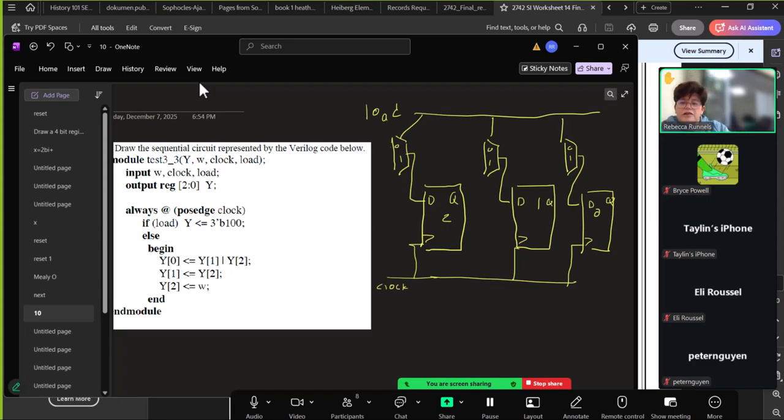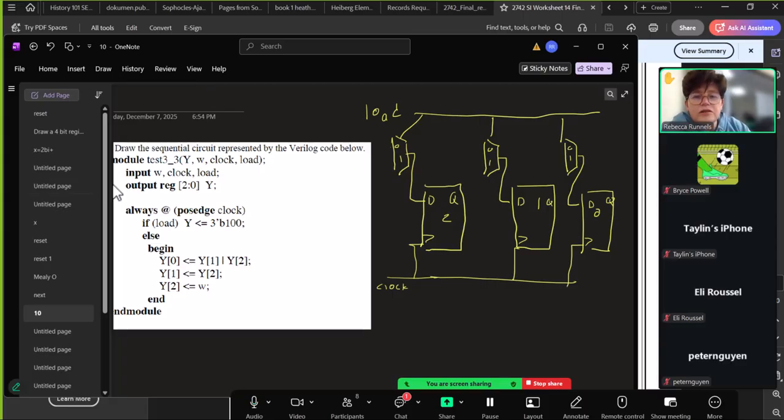All right, so now I'm going to see what happens. If load, that's the same as saying if load equals 1. And if load equals 1, it says y equals the 3-bit number 100.